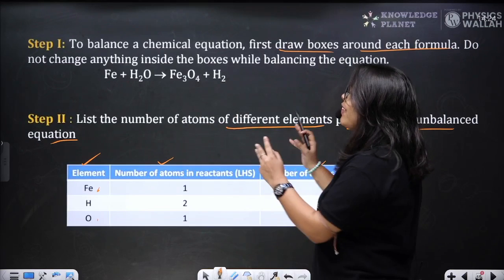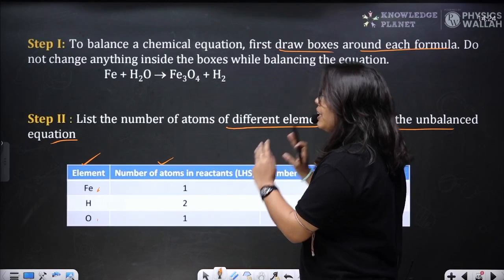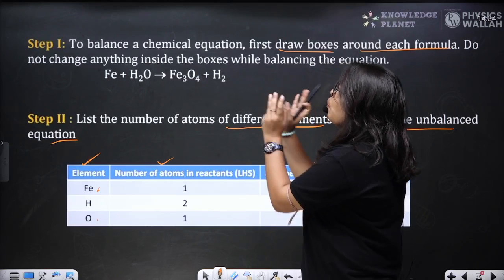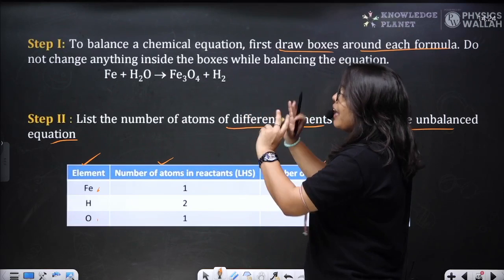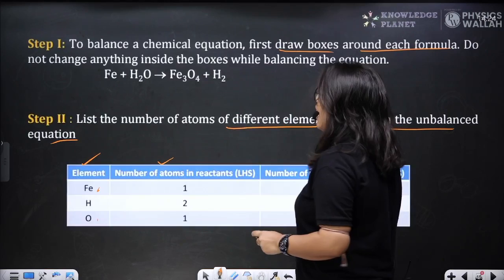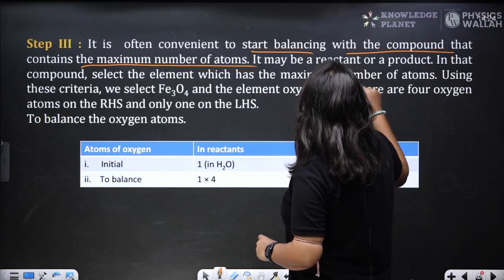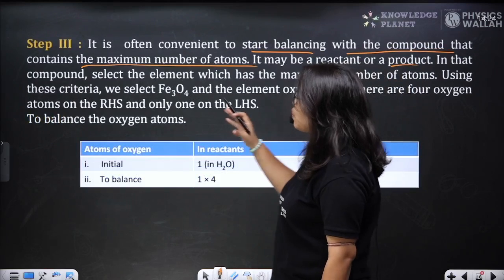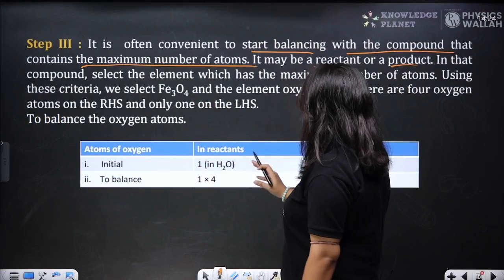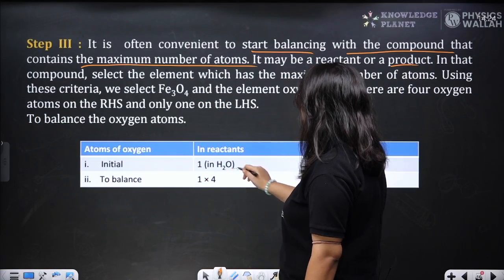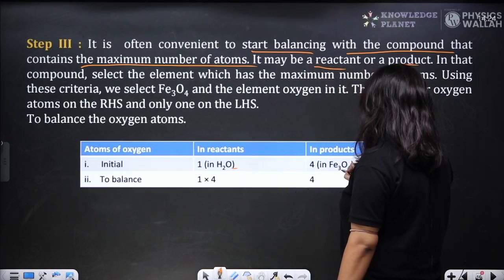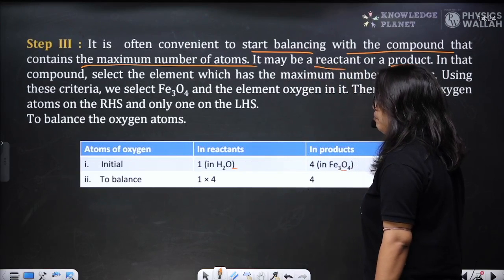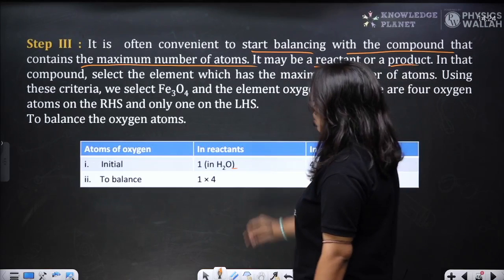Because it is convenient to start with the element which has the greater number of atoms. It may be on the reactant side or the product side. Here it is oxygen, present in the reactant in the form of water, and in the products in Fe3O4.